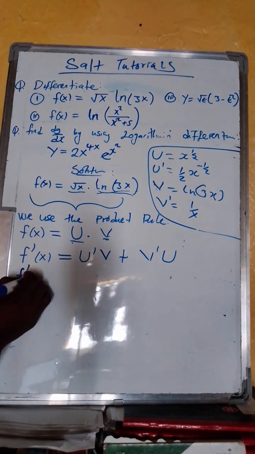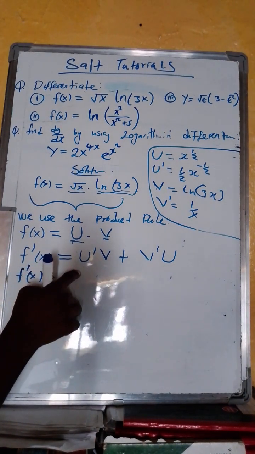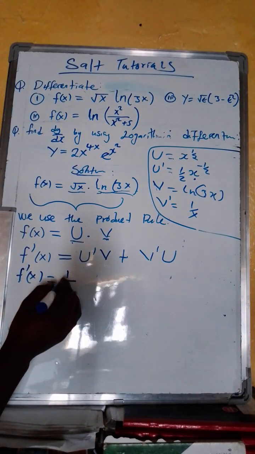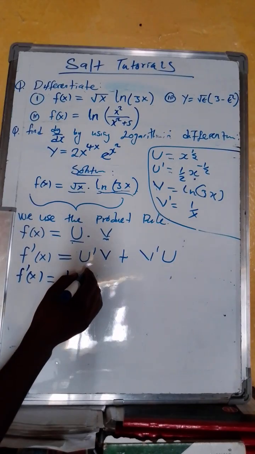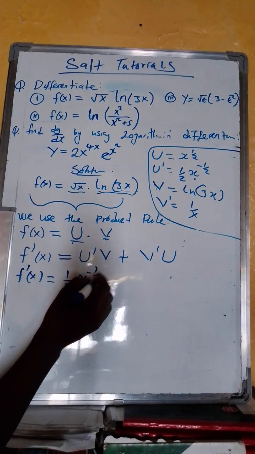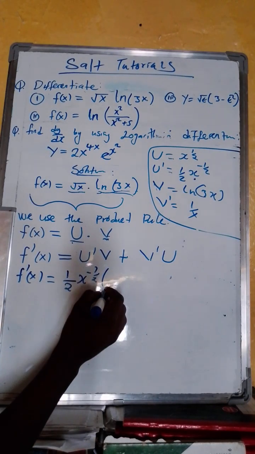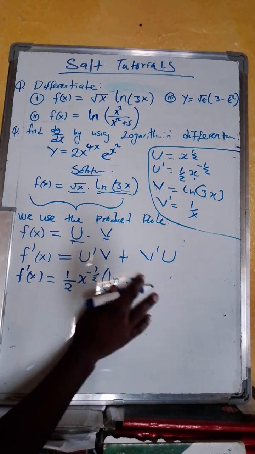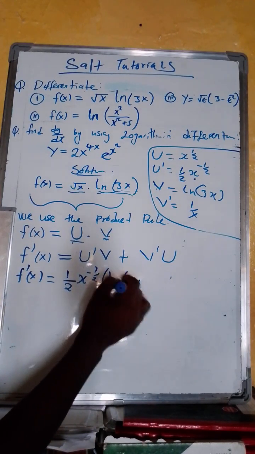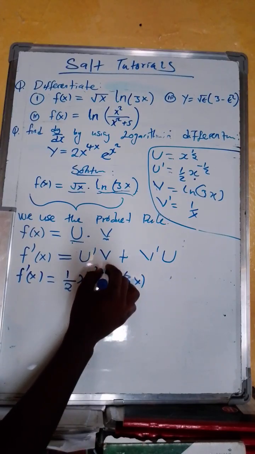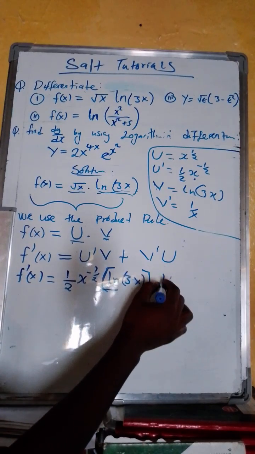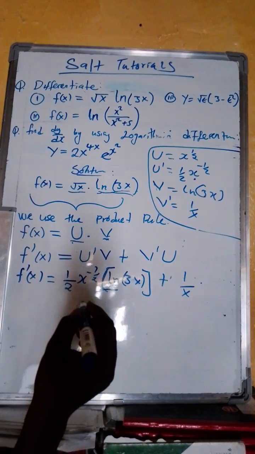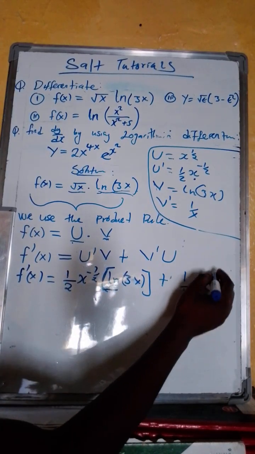F prime of x will be equal to u prime. It is this guy. So I'm going to have 1 over 2 x power negative 1 over 2 multiplied by v, which is the natural log of 3x, plus v prime, which is 1 over x, multiplied by u, which is x power 1 over 2.